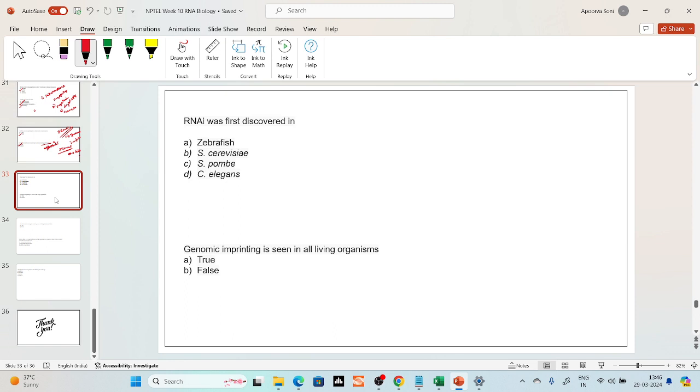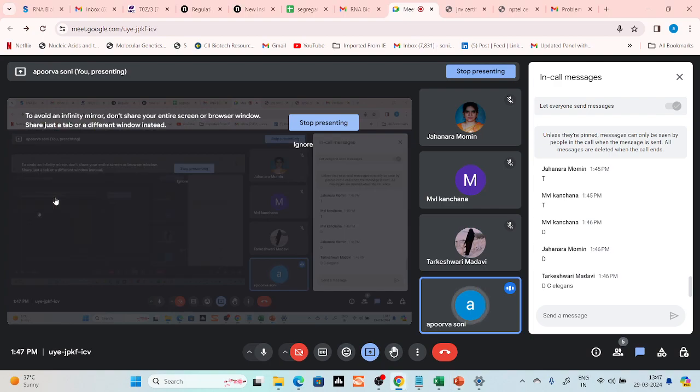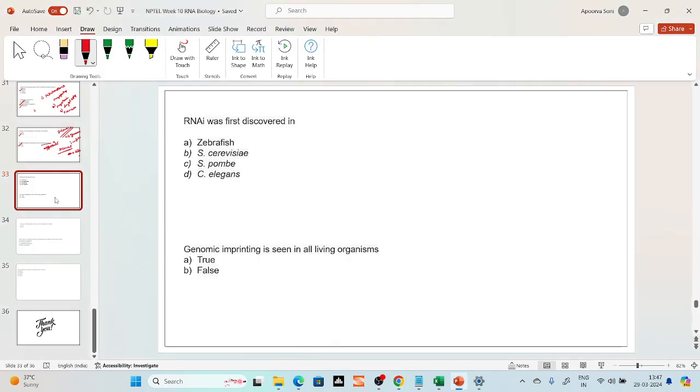RNA interference was first discovered in... anybody? Okay. So Tarkeshwari is saying C. elegans and it is the correct answer.